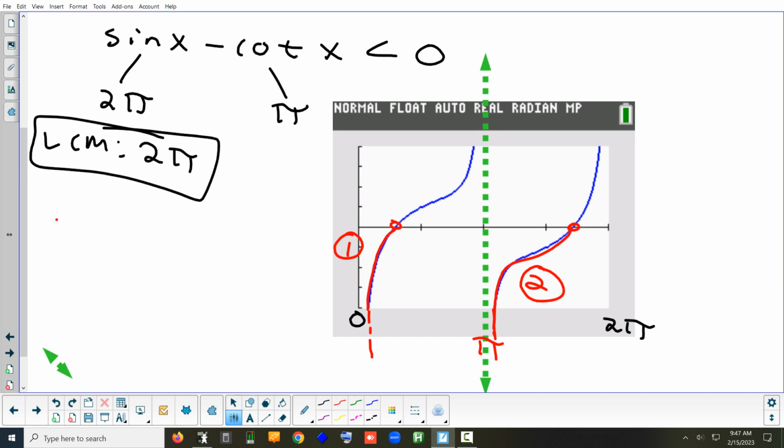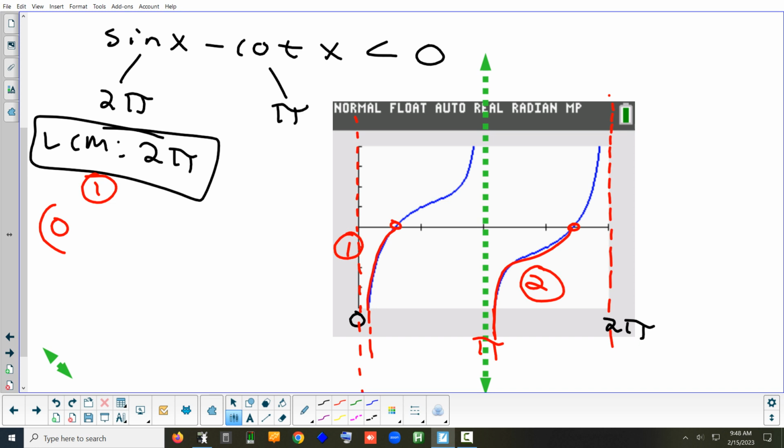It starts at 0. It never reaches 0 because there's another asymptote right there. There's also another asymptote right here. That's not going to affect our problem because we don't have to go that far. We're stopping before we get to it. So section 1 starts at 0.